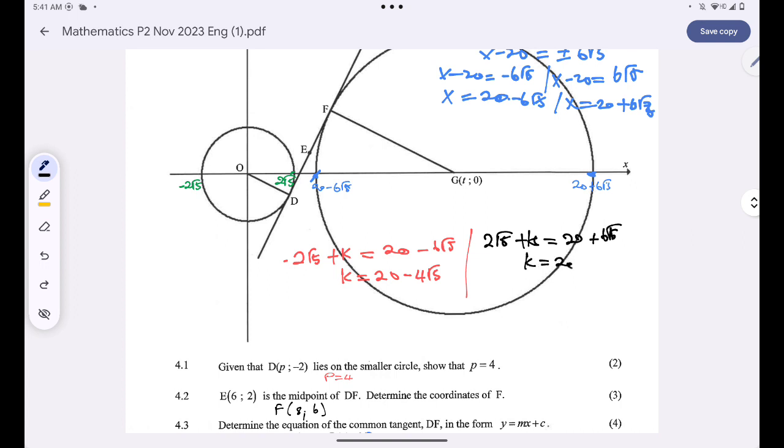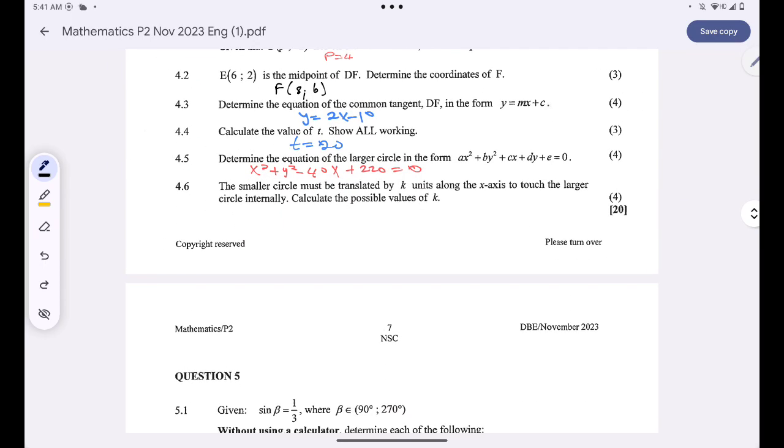Then k will be just 20 plus 4 root 5. So these are the possible answers of k, guys, for my circle to touch internally. K will be equal to 20 plus or minus 4 root 5. That's how we would have tackled the question of 4.